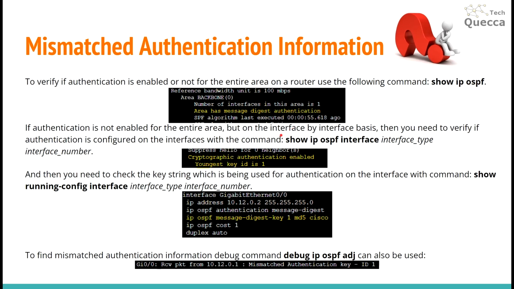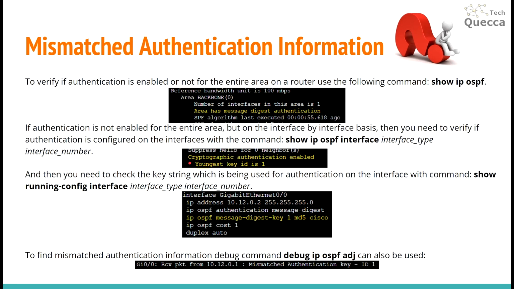Then you also need to check the interface. Show ip ospf interface with interface type and number. In the output, you will see, for example, cryptographic authentication enabled or message digest authentication enabled, and information about which key ID is used.